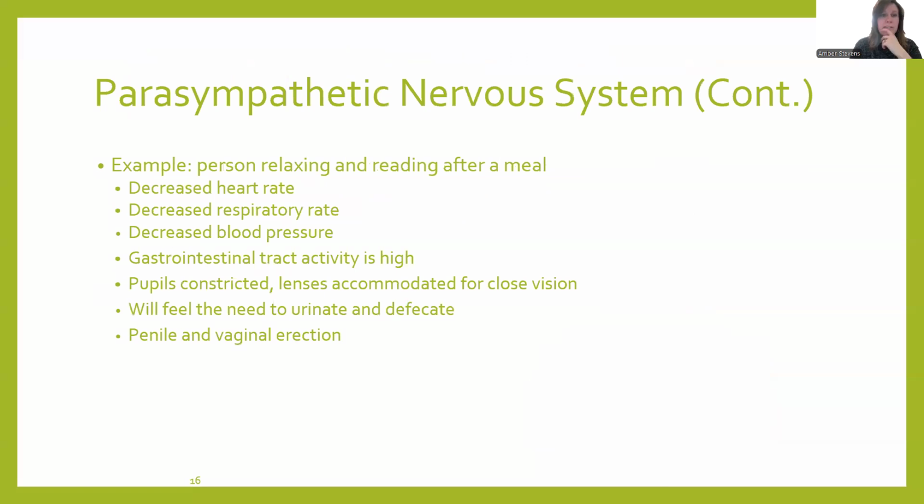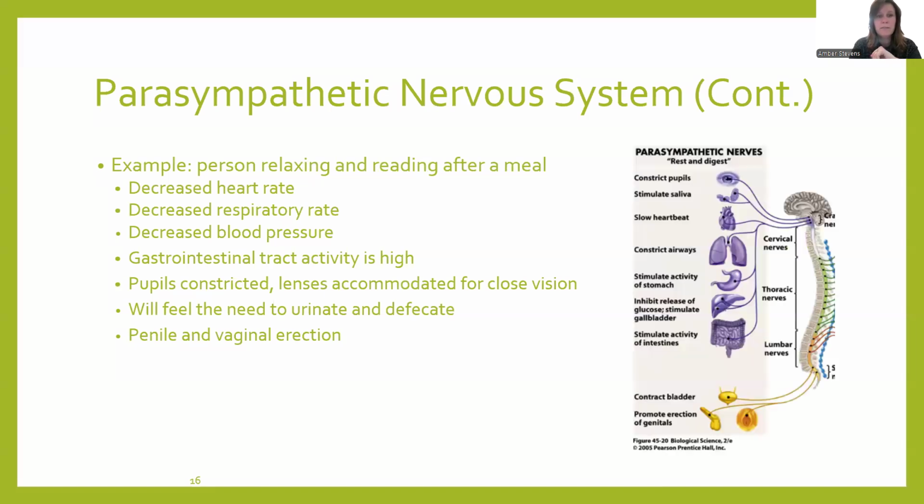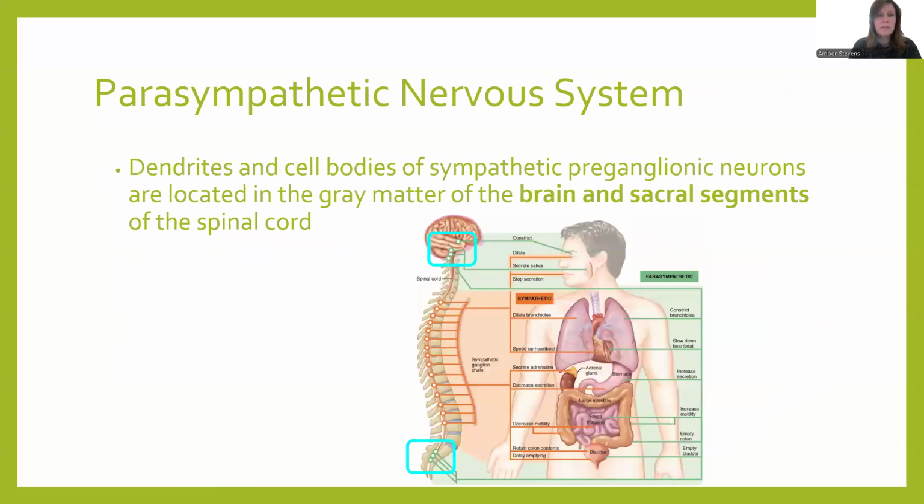Here's an example of a person relaxing, reading after a meal. Here are all the symptoms that you would see during this phase as well. And then here are the nerves and where they're located.